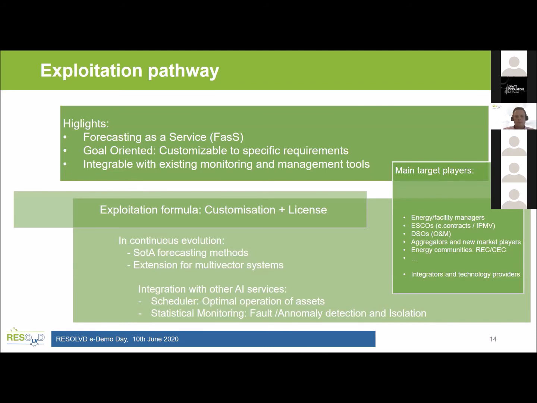Now we are working on an extension for multi-vector systems, not only for electricity, but also for different energy vectors that are, for example, in a hub. And also we offer the integration of this forecasting with other artificial intelligence-based services, for example, scheduling applications or statistical monitoring strategies for fault detection or anomaly detection in specific applications.